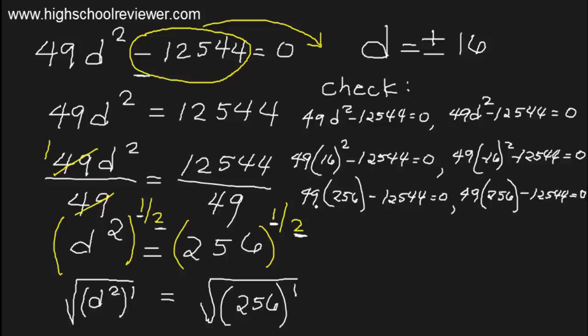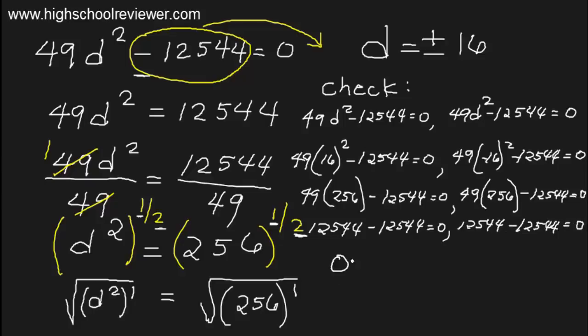Now, 49 times 256, that will also be 12,544. So minus 12,544 equals 0. And this will be 12,544 minus 12,544 equals 0.